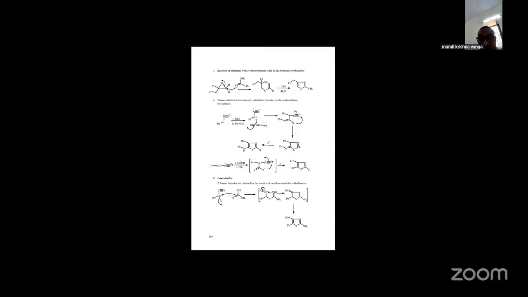Next one is reactions. Thiazole forms crystalline salts with strong acids, quaternary salts with alkyl halides, and electrophilic substitution reaction at the C5 position, such as bromination, halomercuration, sulfonation, and nitration. Nitration is not possible in this case.